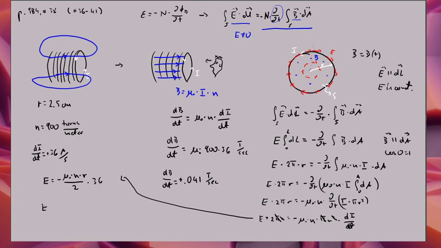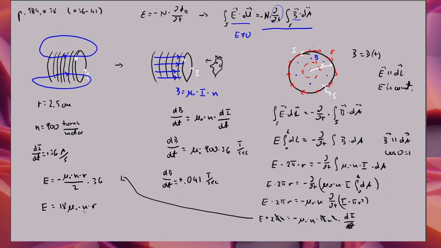And so this gives me the electric field is equal to the negative. Negative is always needed there too, for the sake of Lenz's law, but let's keep it there for the moment. So E, the electric field, is equal to 18 mu naught times n times r.